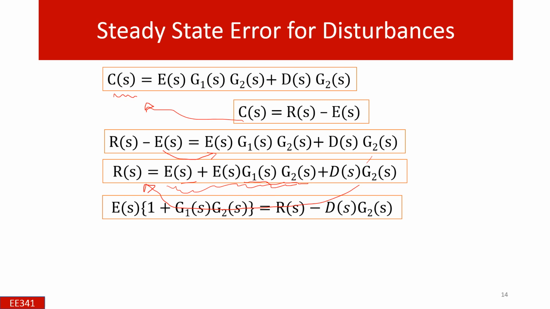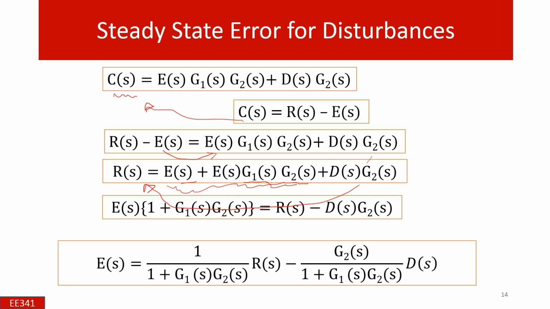Here our objective is to find the error signal in terms of the other parameters. So the error signal is found by dividing by this term, and we have two separate terms. This is the error signal due to the input value, and this is the error signal due to the unwanted disturbance.